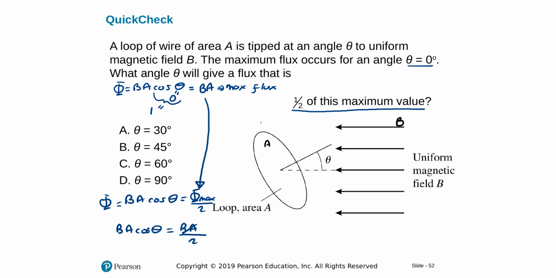And then we will find our cosine theta. Cosine theta is equal to 1/2. Then our theta is equal to cosine inverse of 1/2. If you carry out this calculation, you'll find that the angle is 60 degrees. So C is the answer here.